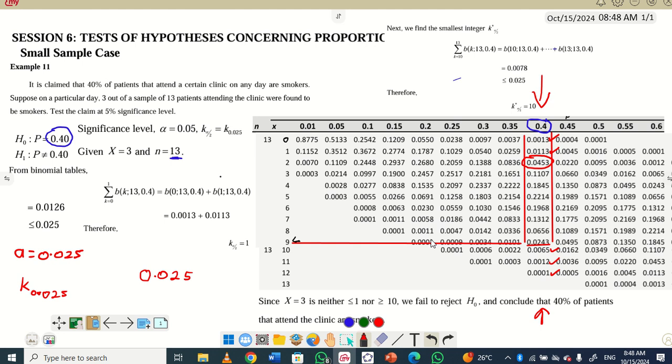When we come to 0.0243, that is also below.